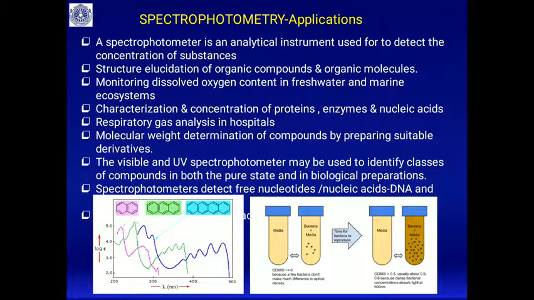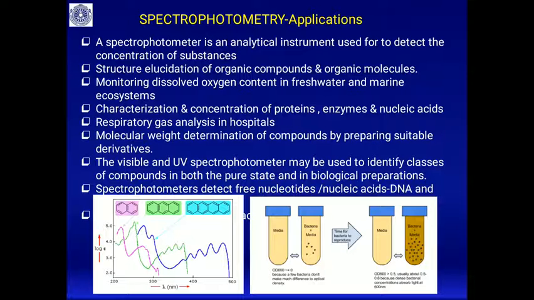So what are the applications of the spectrophotometer? The spectrophotometer is an analytical instrument used to detect the concentration of a substance. As I said, the concentration of any substance can be detected using this spectrophotometer. Then we can elucidate the structure of an organic compound.